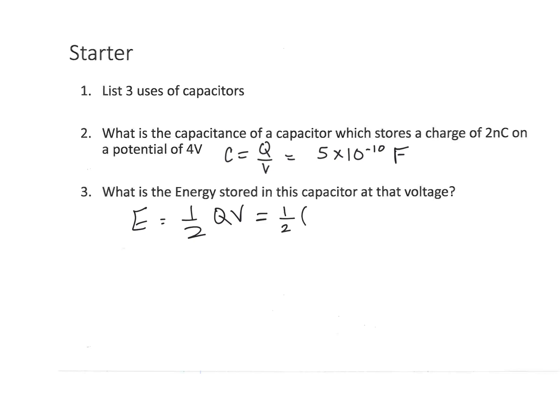So 1/2, 2 times 10 to the -9 times the voltage, which is 4. Yeah, 4 nanojoules, right? All right.